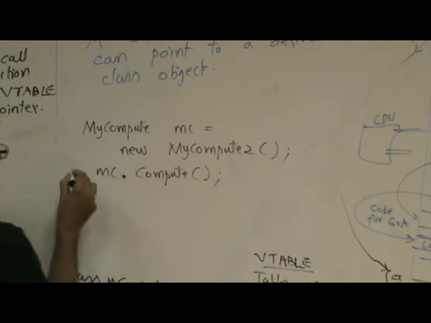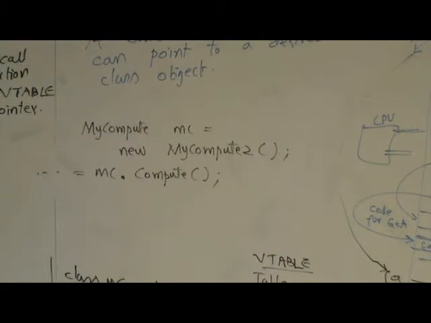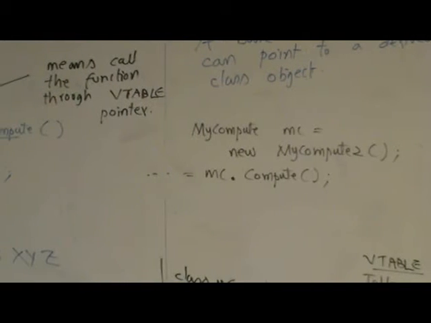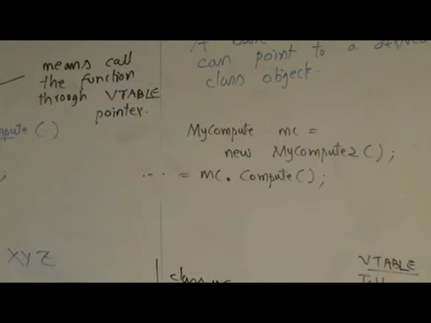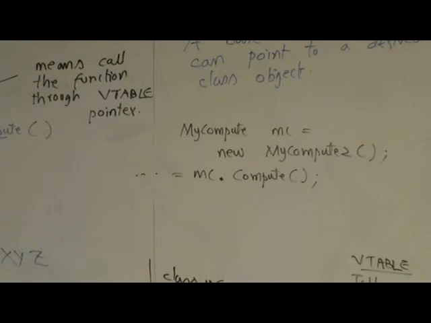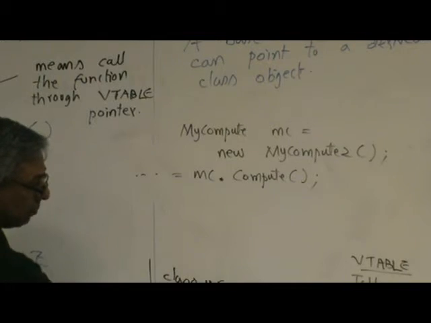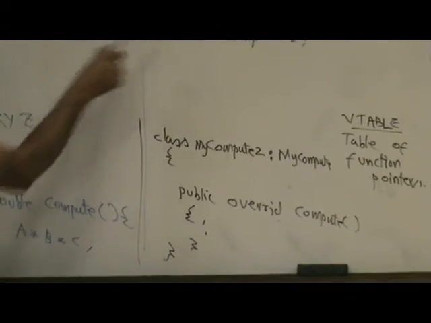So somebody is trying to call the compute through an object of MyCompute2, right? So the question is, which compute will it call? Will it call this compute, or will it call the compute in MyCompute2 over here?